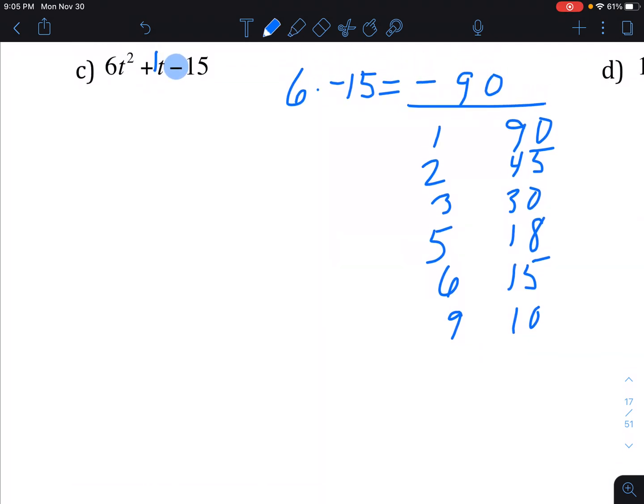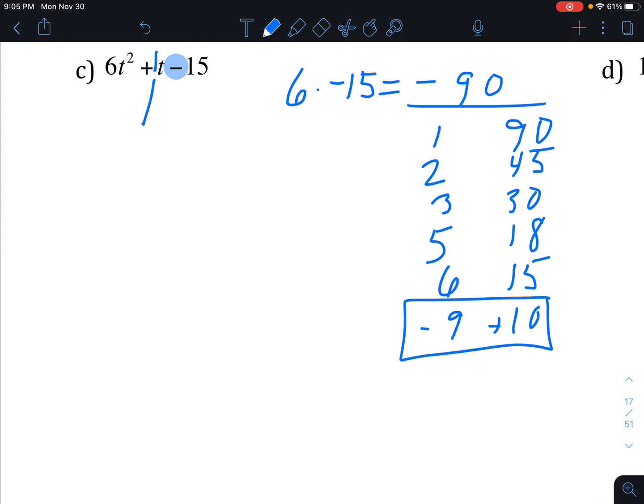So which of these pairs subtracts to get 1? Right here. This pair subtracts to get 1. The 9 has to get a negative. That would be -9, because -9 plus 10 would make the +1.